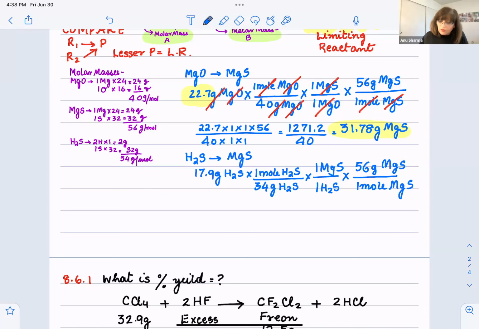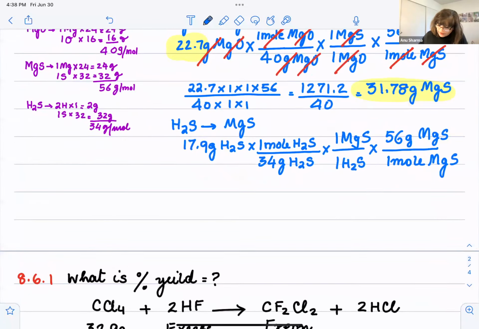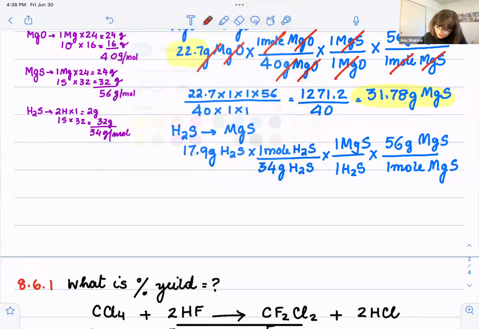Okay, 1 mole of magnesium sulfide. So what do you see here? You're going to cancel out the grams of H2S. Moles of H2S cancel. Moles of magnesium sulfide cancel.